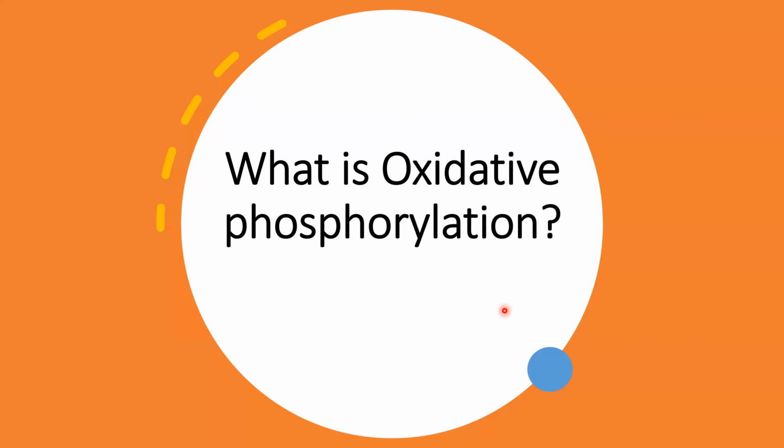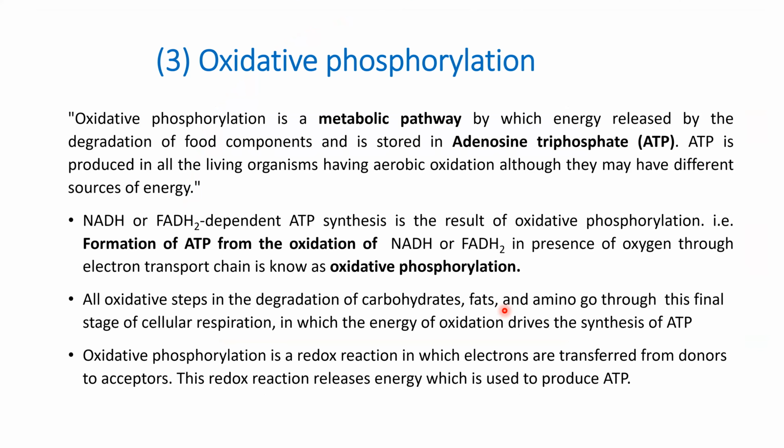Now the next is, what is oxidative phosphorylation? Oxidative phosphorylation is a metabolic pathway by which energy released by the degradation of food components is stored in adenosine triphosphate. ATP is produced in all living organisms having aerobic oxidation.